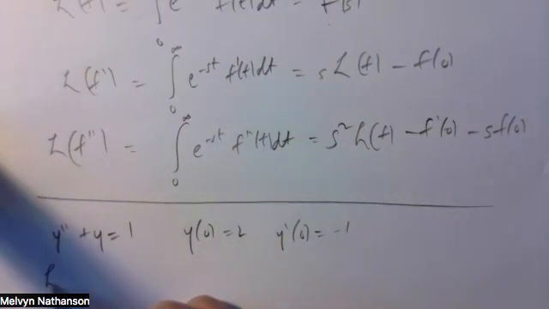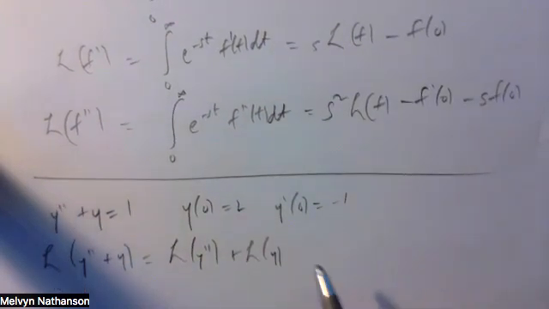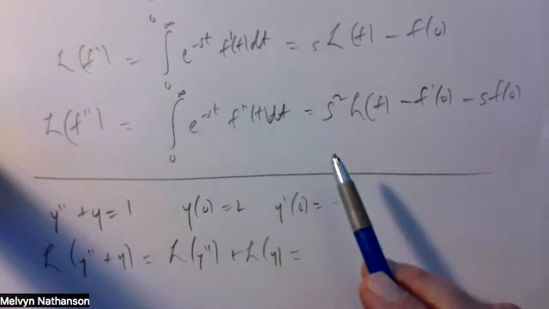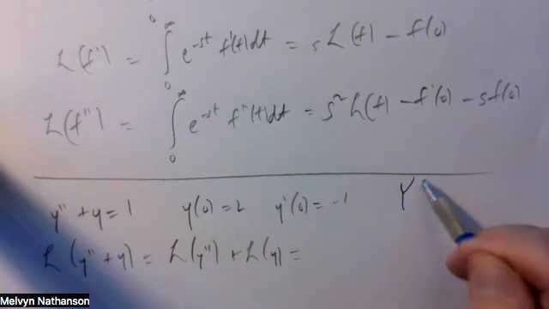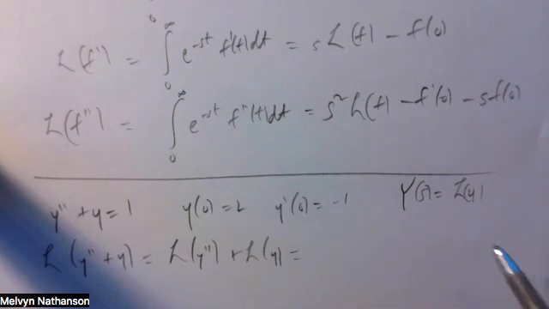So if we take the Laplace transform of the left-hand side, the Laplace transform is linear, so that's the Laplace transform of y double prime plus the Laplace transform of y. Let's say we let capital Y of s be the Laplace transform of our solution y of the differential equation.